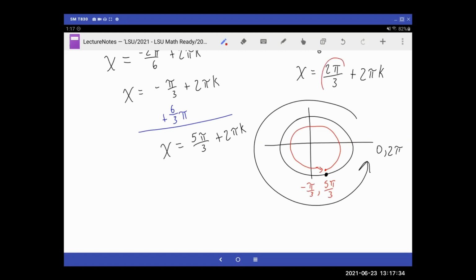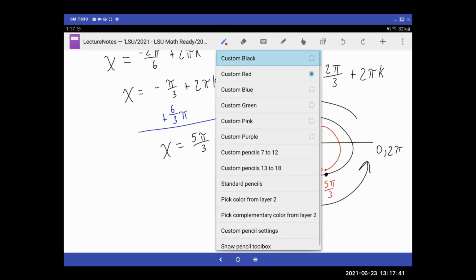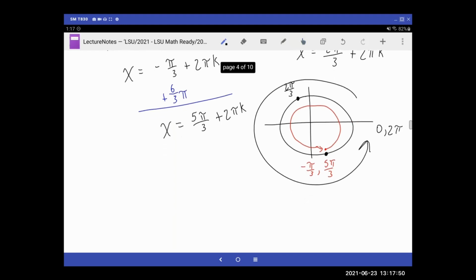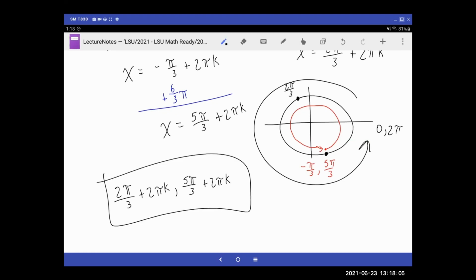I did not have to rotate this one because 2 pi over 3 is here. And that's between 0 and 2 pi. That's on the first rotation. Okay, so 2 pi over 3 plus 2 pi k, where k is that integer, or 5 pi over 3 plus 2 pi k. And that'll cover all of my values.